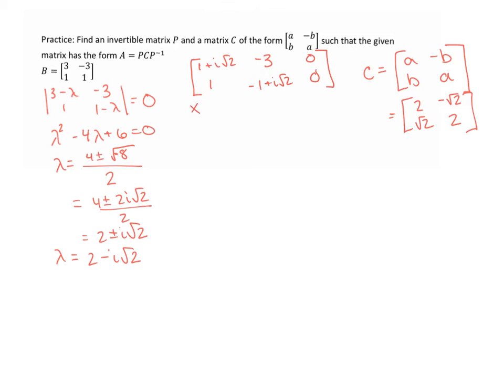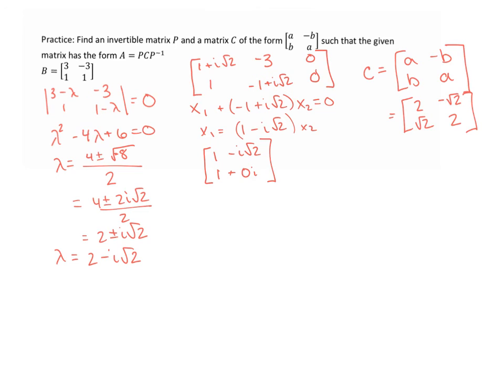If I use the second line, I'm going to have x1 plus -1 plus i√2 times x2. So I have x1 is 1 minus i√2 times x2, which is going to give me a vector of 1 minus i√2, 1.